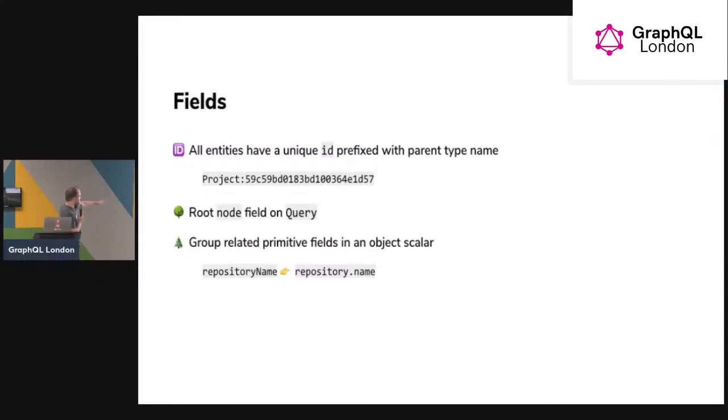Eventually you have a whole bunch of things, and they're all about the repository. Maybe you should just create an object called repository and have a name and ID and such on it, right? Don't have a whole bunch of primitive fields; create an object, which scales much nicer, gives you the ability to type it properly, and so on.